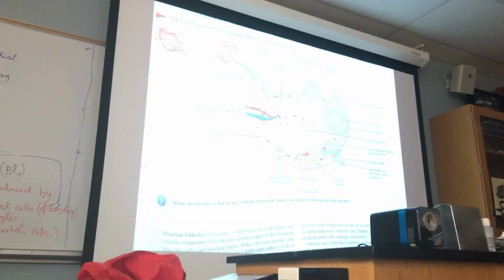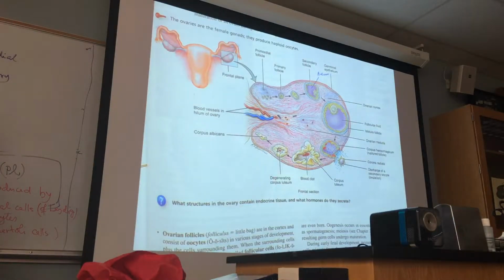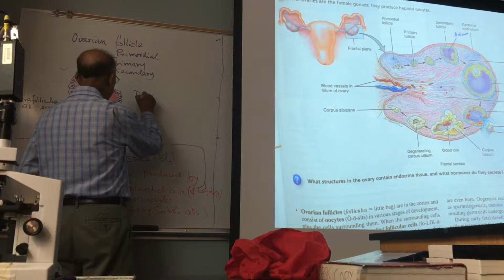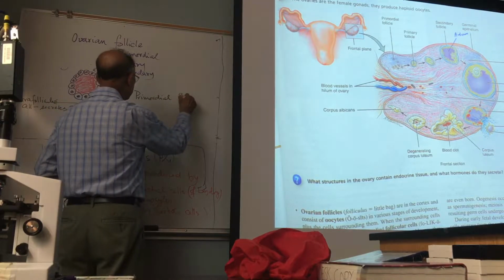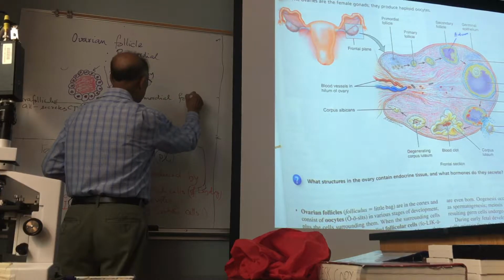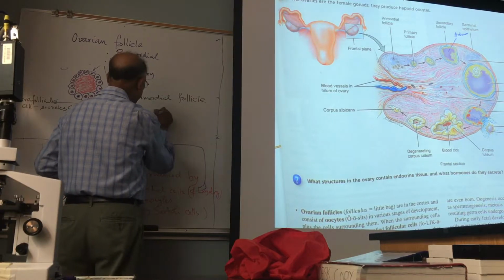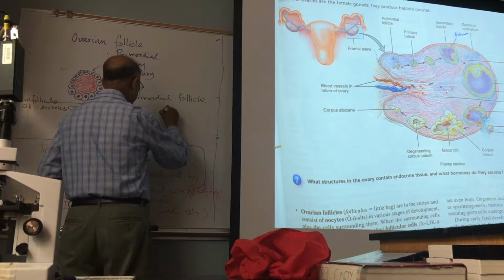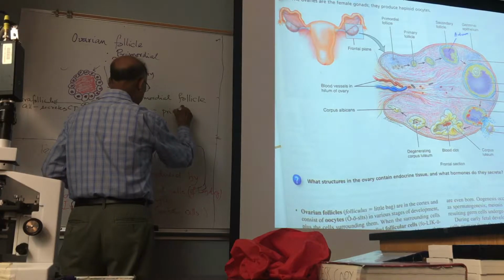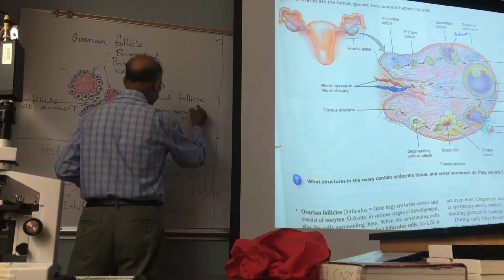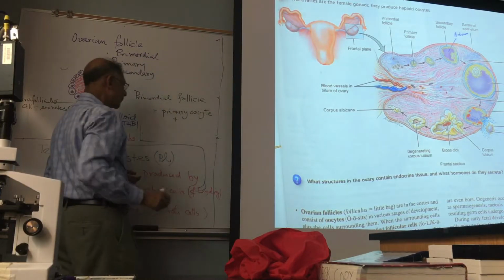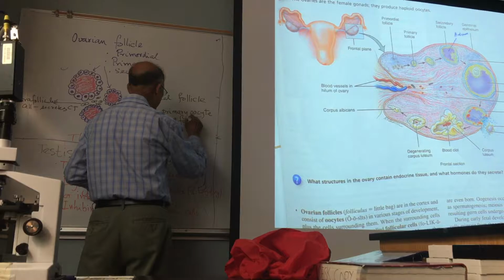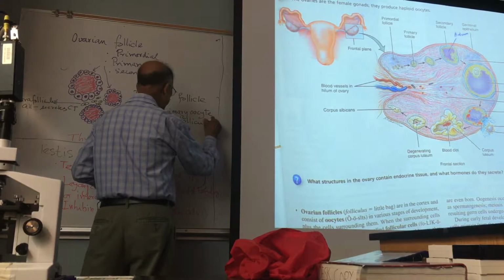Each primordial follicle equals a primary oocyte plus follicular cells.